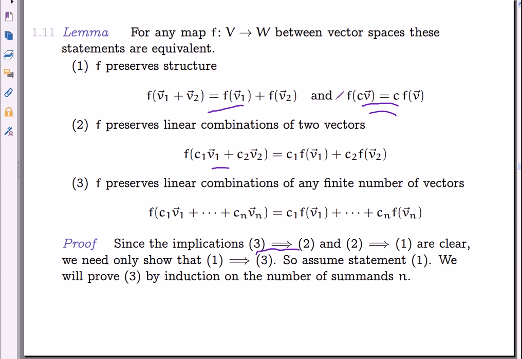The second special case is C1 equals C and C2 equals 0. That will give me this second statement. So the bottom line is that statement 2 implies statement 1. So we have this implication and we have this implication. To show they're equivalent, all I need to do is show that 1 implies 3.